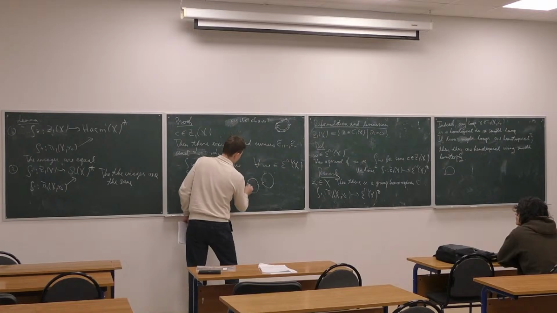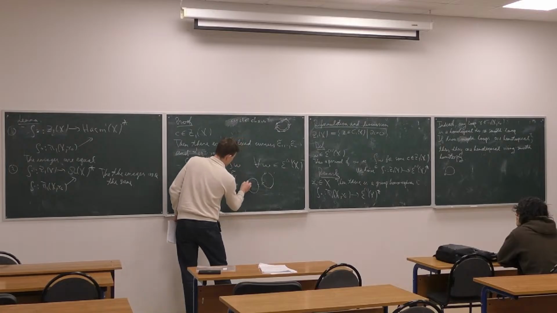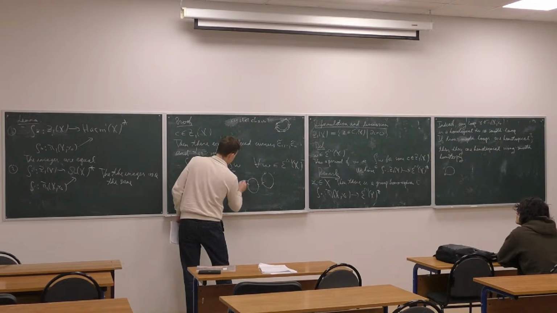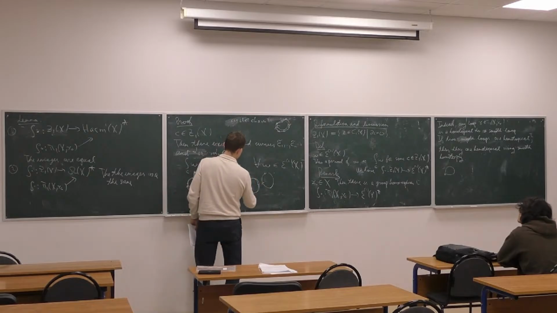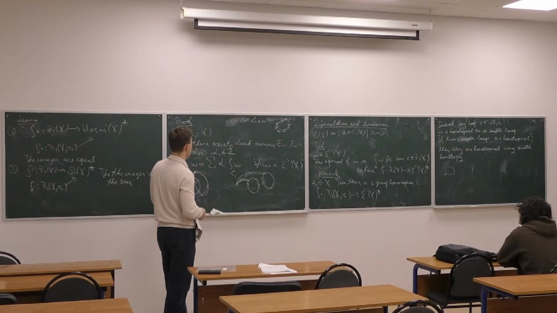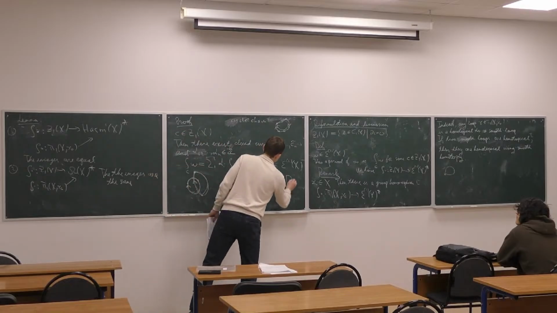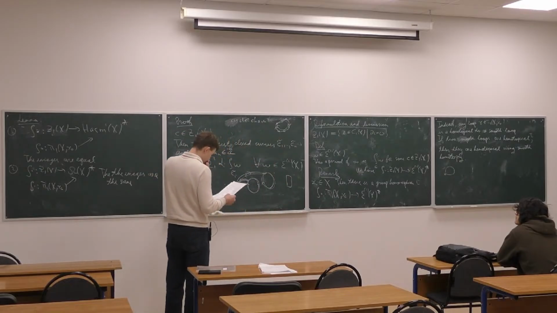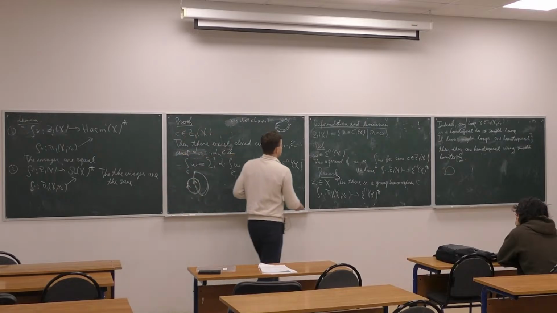If you have two loops that go from different points, then you can just choose some path here and construct this loop like this, and the same here. So, is it clear? It's pretty obvious.